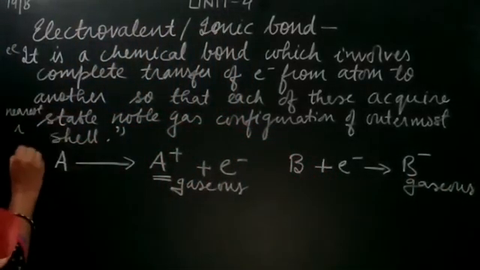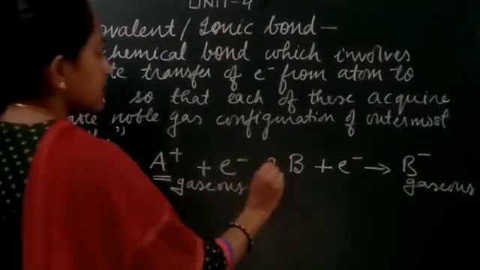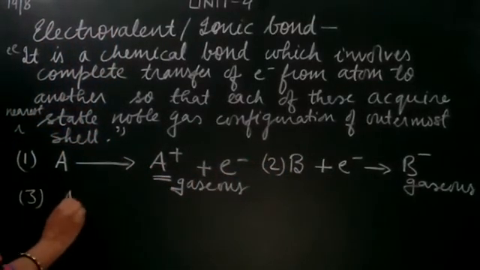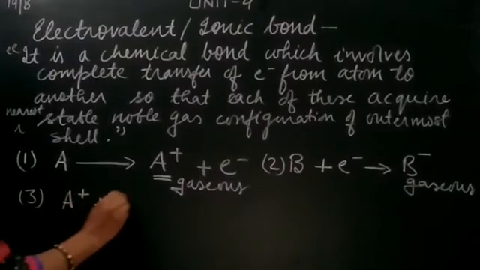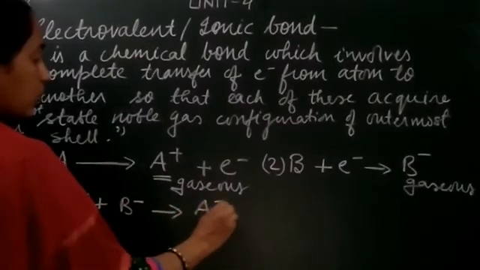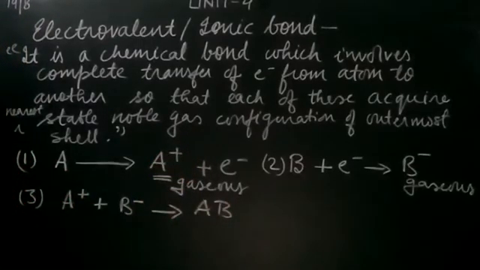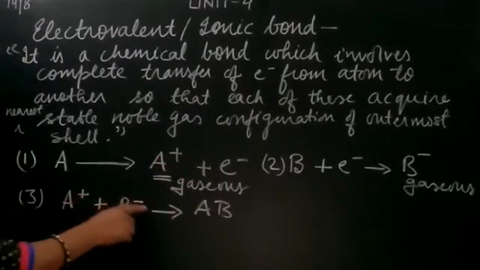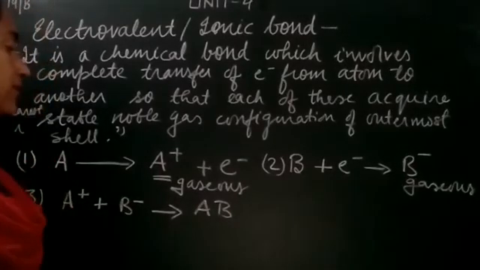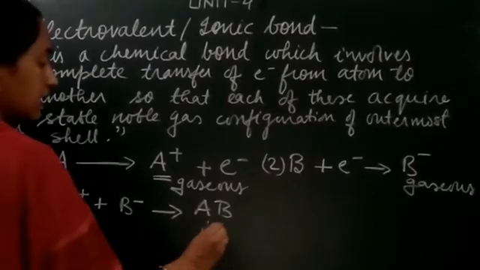Now this is the first step, this is the second step, and the third step will be that these two oppositely charged gaseous ions will be attracted to one another due to electrostatic force of attraction between the opposite charges, and will form a stable compound.